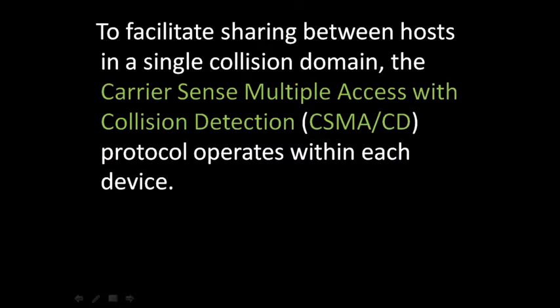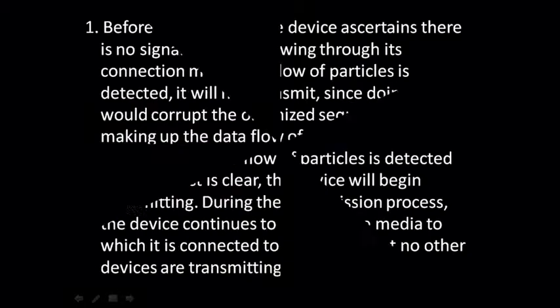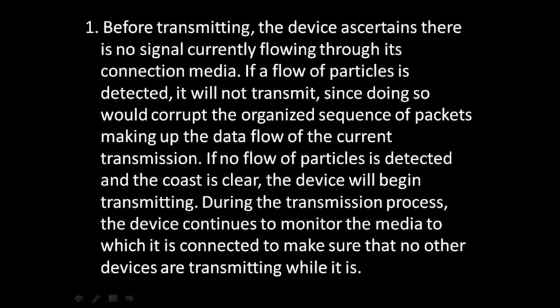Once again, to facilitate sharing between hosts in a single collision domain, the carrier sense multiple access with collision detection, or CSMA/CD protocol, operates within each device. The basic processes of CSMA/CD are as follows. First, before transmitting, the device ascertains there is no signal currently flowing through its connection media.